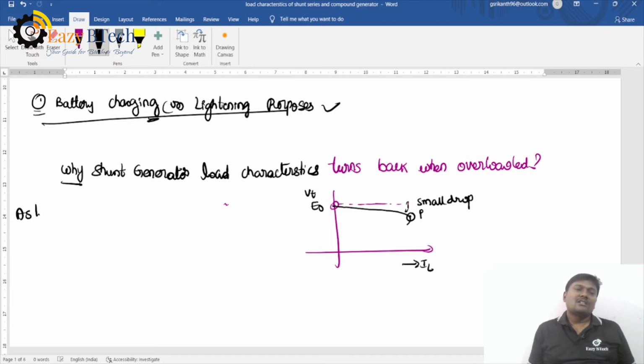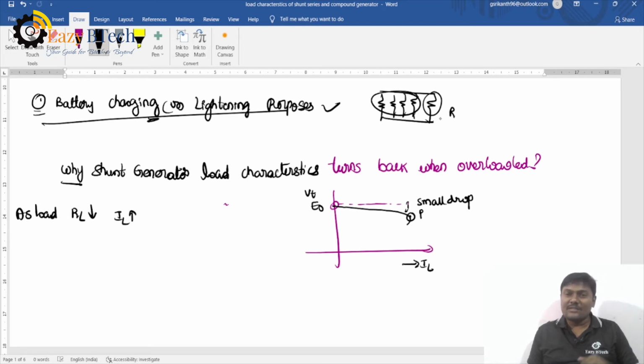As load resistance decreases, load current increases. I think most of the students get confused about that. Sir, as load increases, what about the load resistance? All the loads we are connecting in parallel. If the parallel connection increases, then the resistance value decreases.